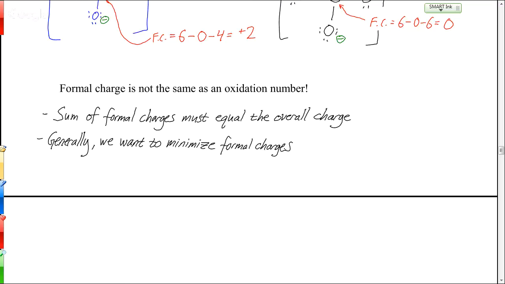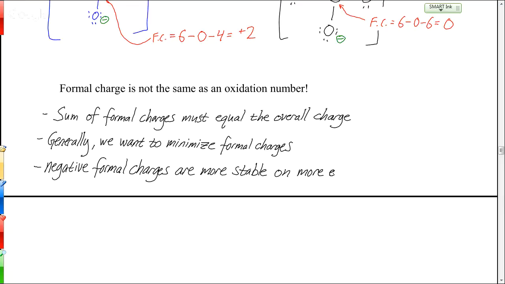And then finally, negative formal charges are more stable on more electronegative atoms.